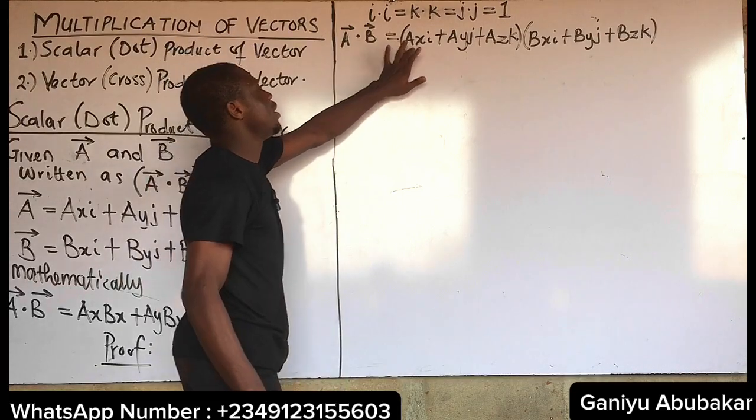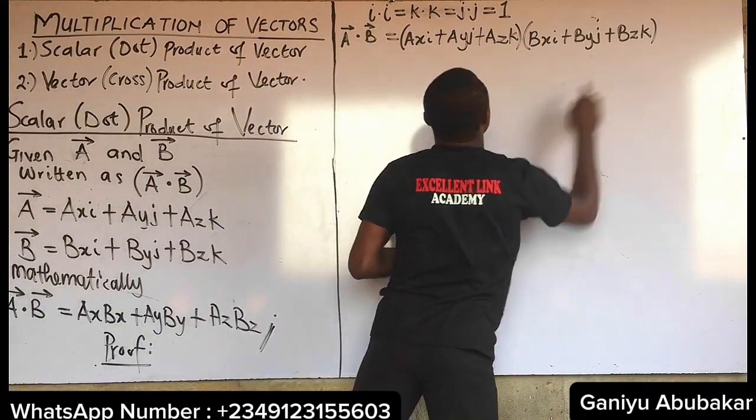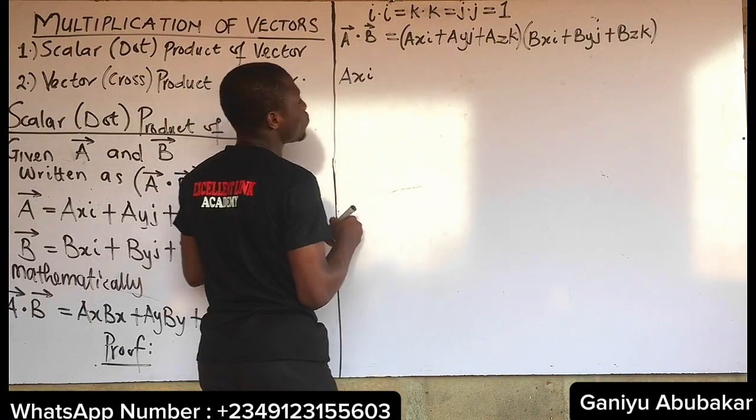Start with the first one here. I'll use this one to expand everything. I'll have the first one, AX i. Look up, please.